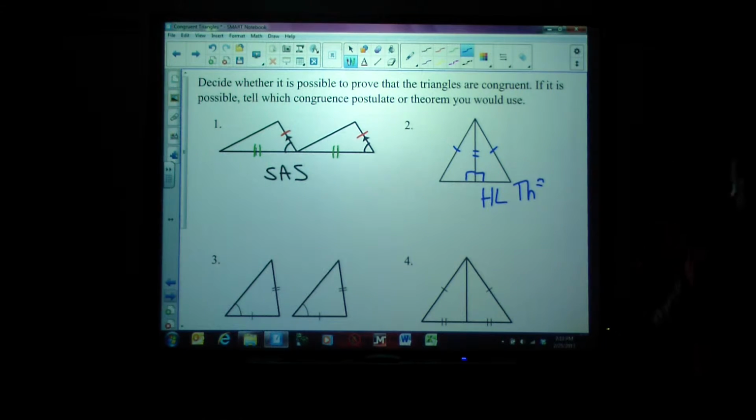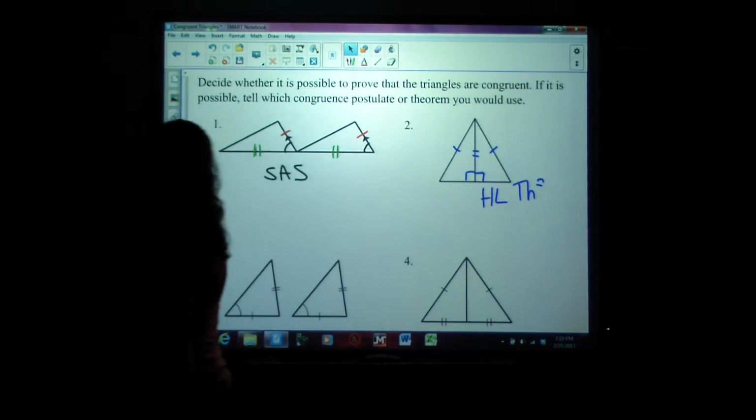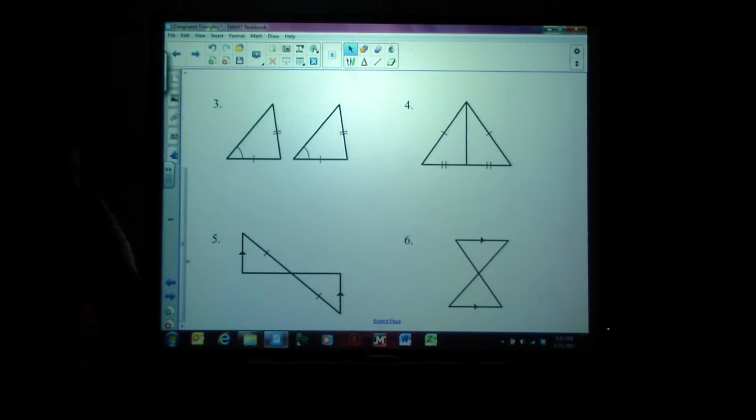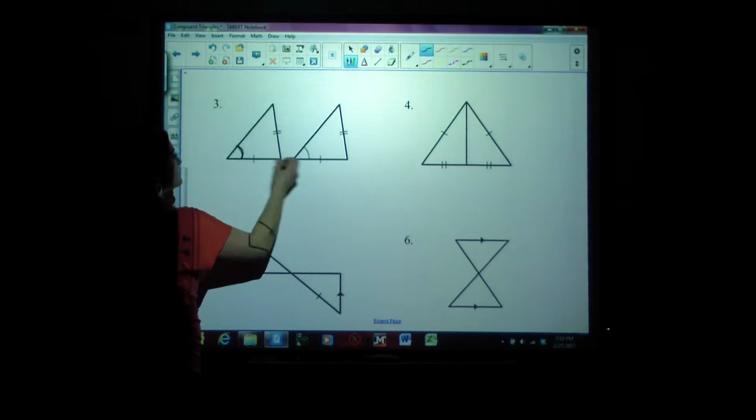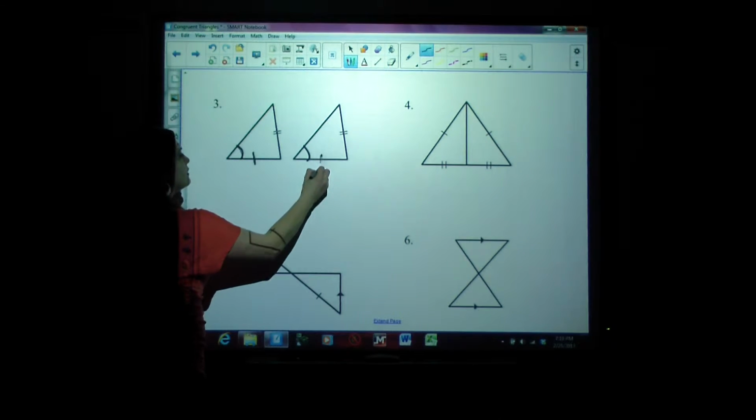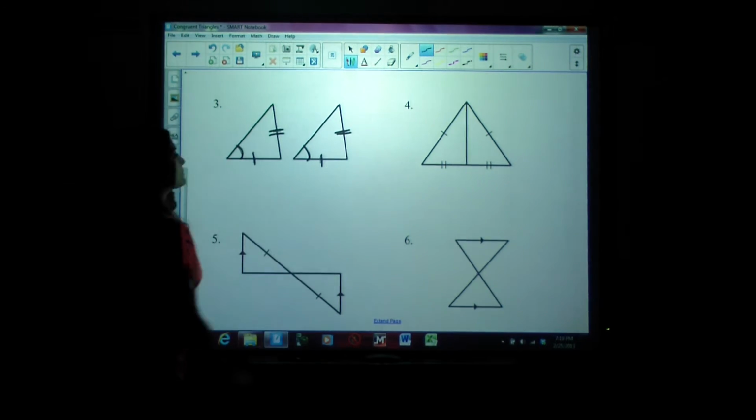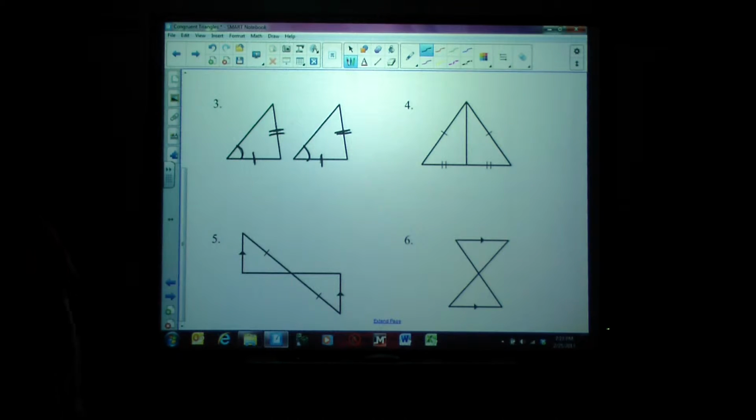Because we have right triangles and the hypotenuse and the leg were congruent in each of the triangles, I know that those two triangles are congruent. All right, let's take a look at number 3. In number 3, we are given an angle, a side, and another side. Now, is the angle included? No, it is not between both those sides.